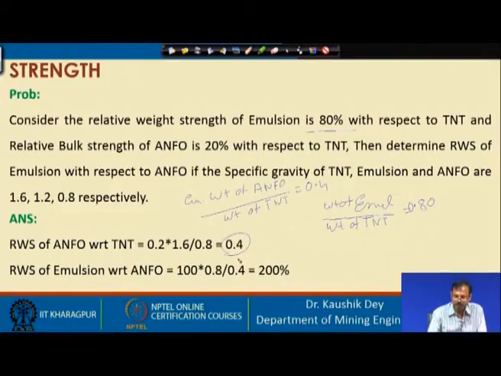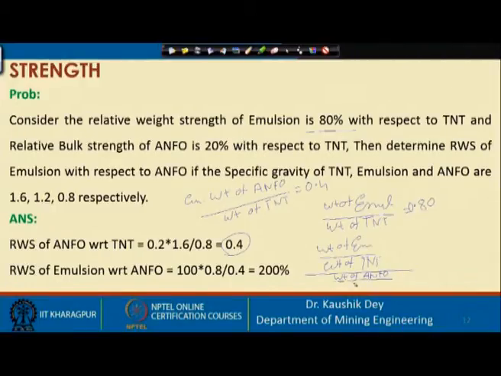So, if we divide these two, that means weight of emulsion, weight of TNT divided by weight of N4 divided by weight of TNT, then this part will be cancelled.